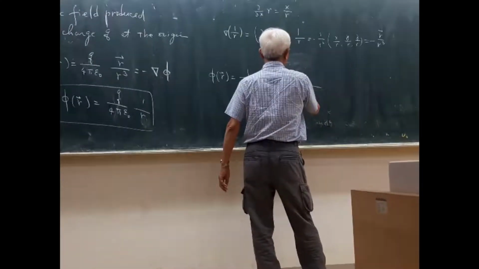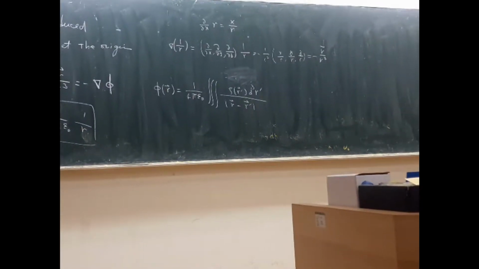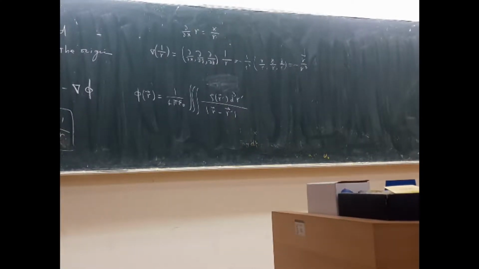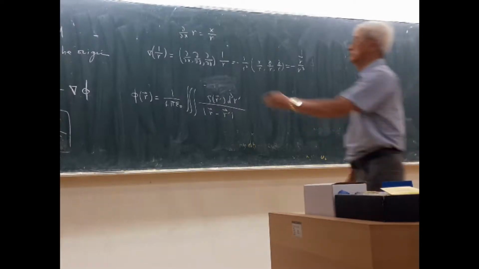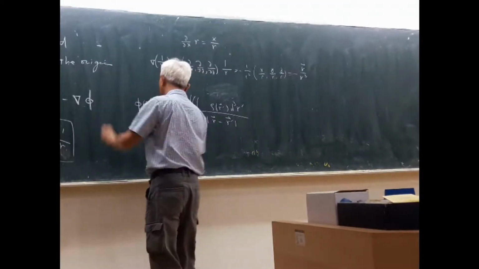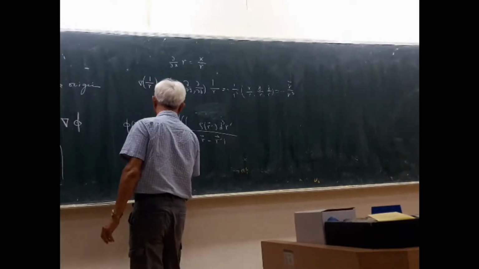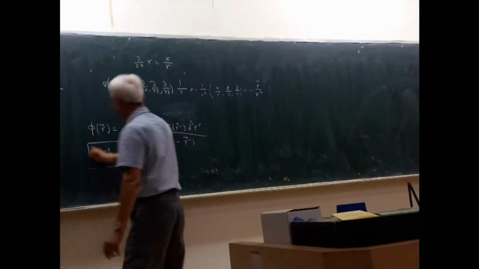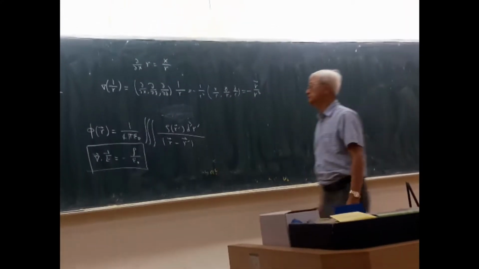Now, we know that divergence of E equals rho over epsilon naught, Gauss's theorem, which is Coulomb's law, right?